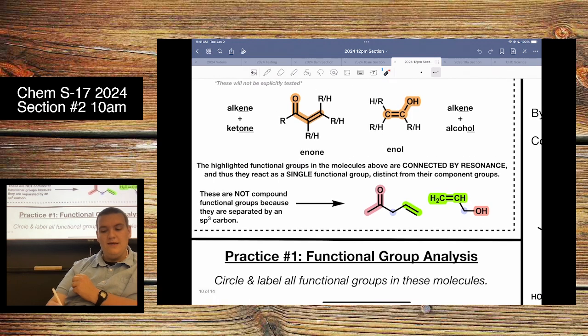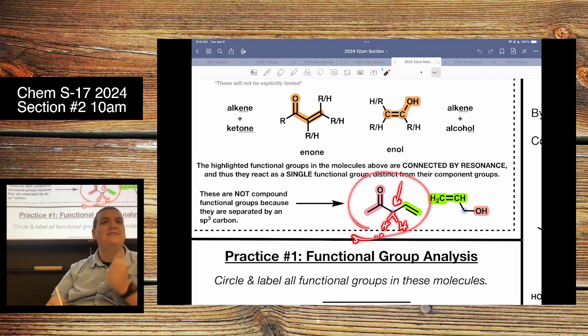Lastly, this is not a compound functional group. And it's not a compound functional group because, what's the hybridization of this carbon? sp3. So it has 2 hydrogens that are hidden there. All of these, 4 electron domains, sp3. And can sp3 atoms delocalize?